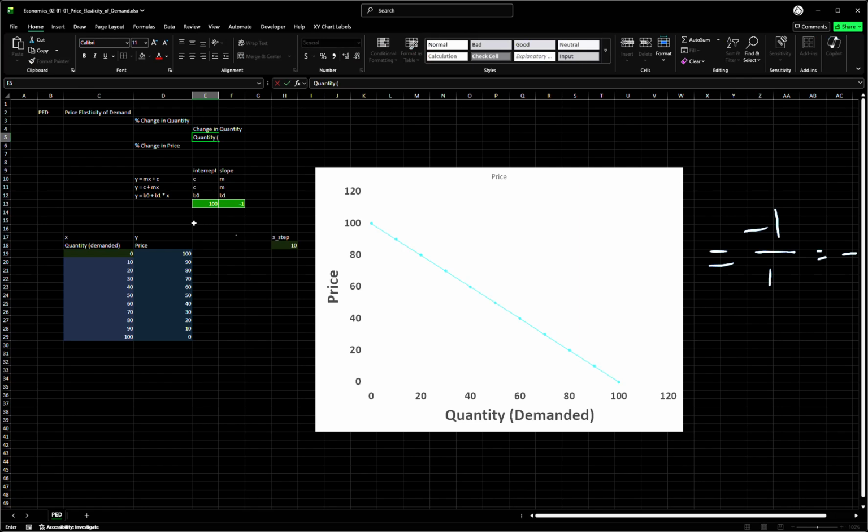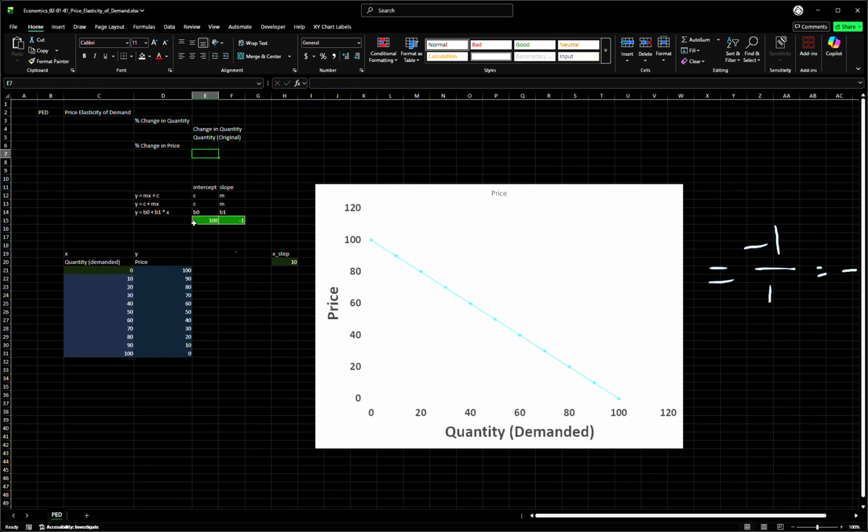The quantity before is also 50, okay? I'm just going to point it there because if we change the inputs, this will just follow. And then change in price is also the same thing, right? So it's always after minus before, okay?